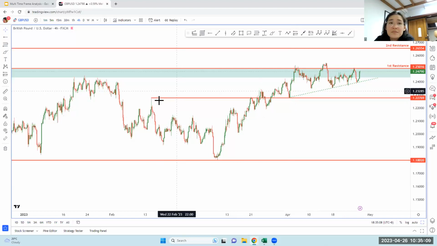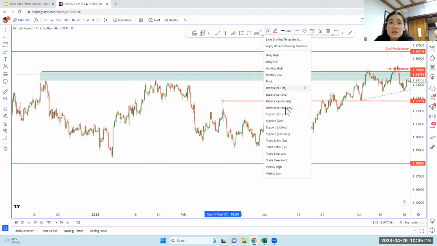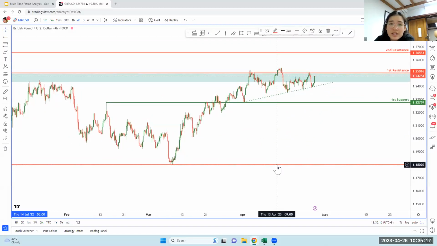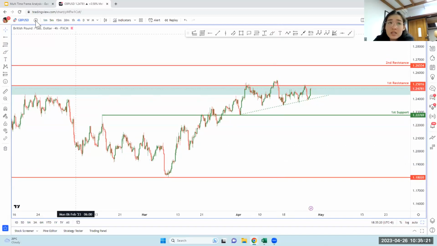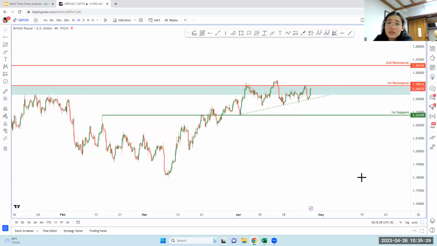So this is the support level that I pointed out earlier from the higher time frames. But after zooming in to the lower time frames, this support level is way too far from where price currently is. So I'm just going to get rid of that.